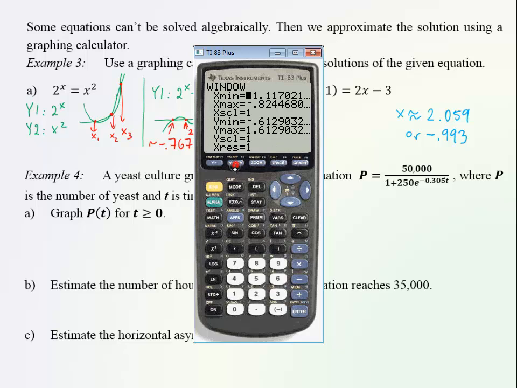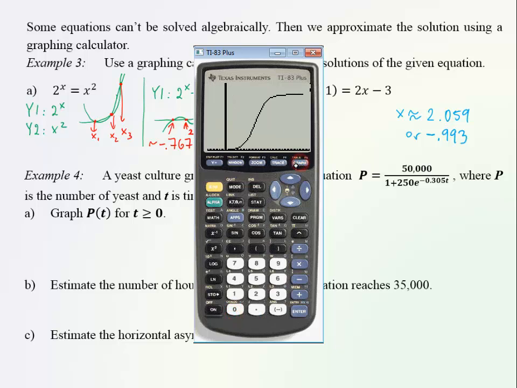Let's draw it from maybe negative 10 up to maybe 50. Then y-axis, we can start from negative 100 and we can go up to 60,000, so we can see 50,000 clearly. Graph. Okay, the graph looks like that.